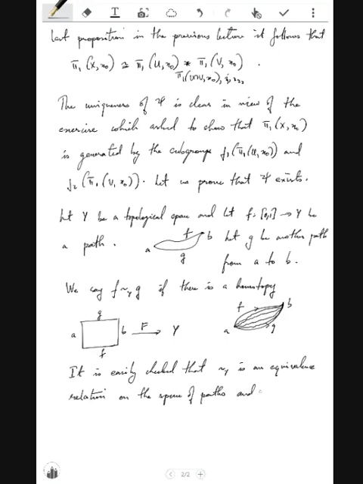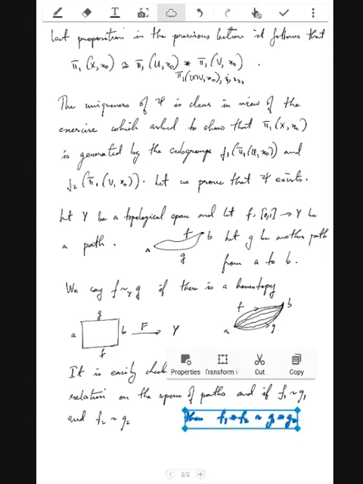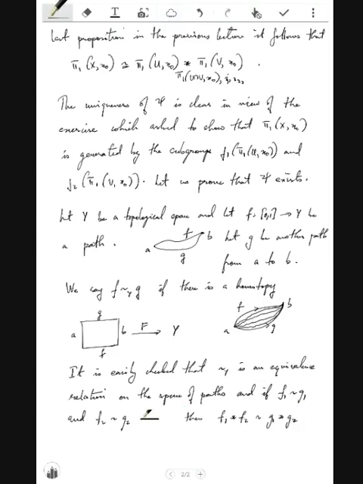And if f1 is homotopic to g1 and f2 is homotopic to g2, then f1 star f2 is homotopic to g1 star g2. Well, we also need f1 of 1 is equal to f2 of 0.